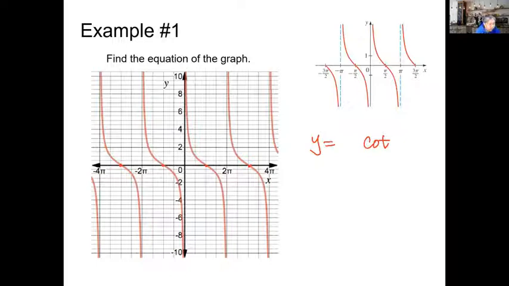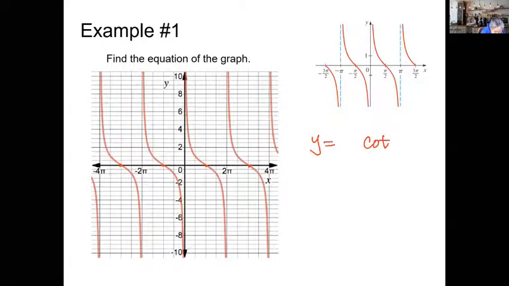Now, compared to the original parent function here, the parent function has the period length pi, but we can see instead of pi, if we just focus on the label here, if this is 2 pi, then this must be pi here.